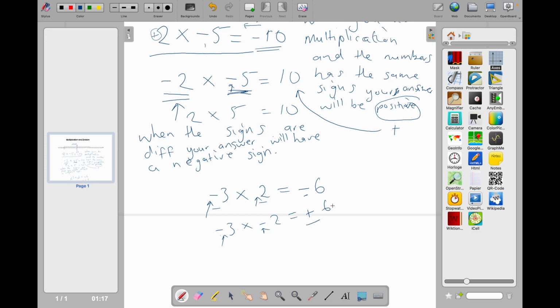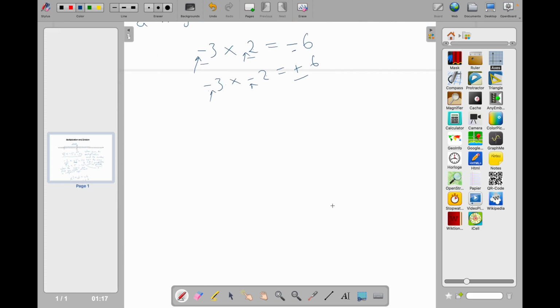And if we also talk about division, when you talk about division it is like another way of multiplying. So when we talk about division, the same rules will apply. The same rules that we use on multiplication also apply on division. What I'm saying is, if we have 6 divided by 2, this is 3.